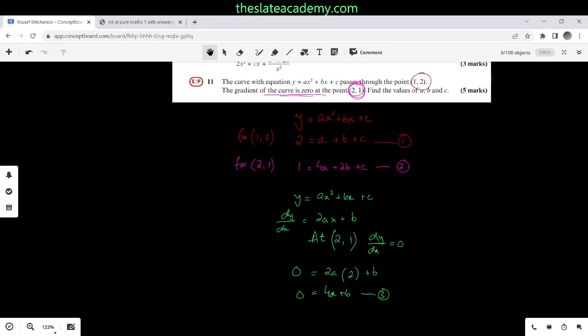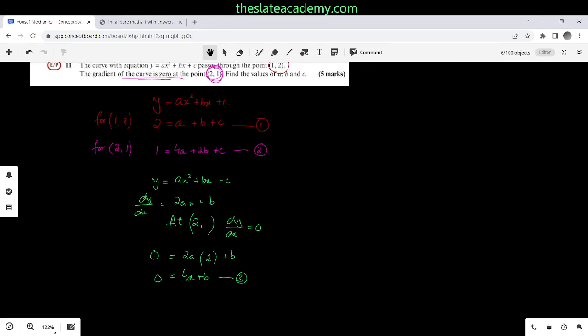Now if I take the first two equations and subtract the first equation from the second one, I write here subtracting 1 from 2. Right hand side I'll subtract from right hand side, and left hand side from left hand side.